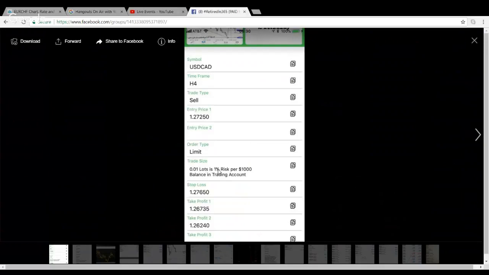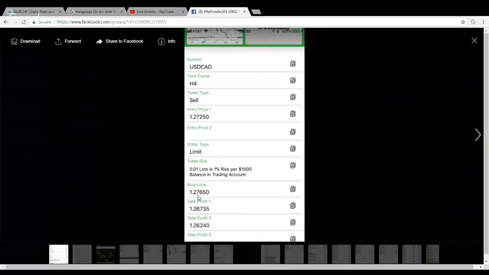Use lot size is 1% risk per $1,000. So if you have a $1,000 account, you shouldn't be risking more than 1%. If you don't know how to calculate that, there's usually a forex calculator that will do the math for you. You want to trade using proper risk management. Money management is very, very key and vital when trading.